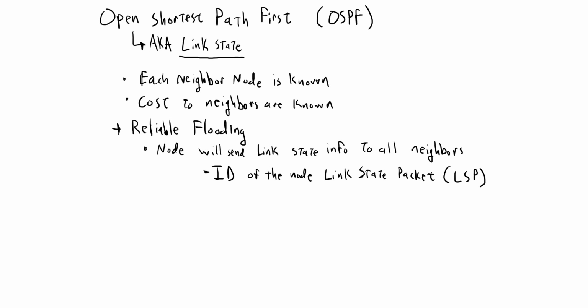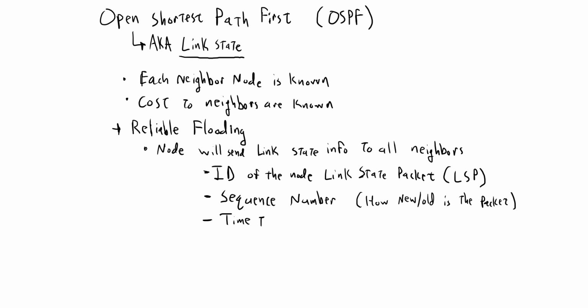There's going to be what we call a sequence number, which is kind of like how new or how old is this packet. And then there's also going to be included into there a time to live, so that this packet will die eventually in the network.